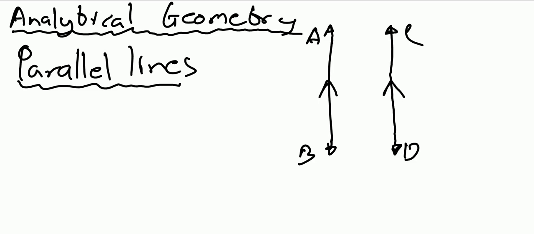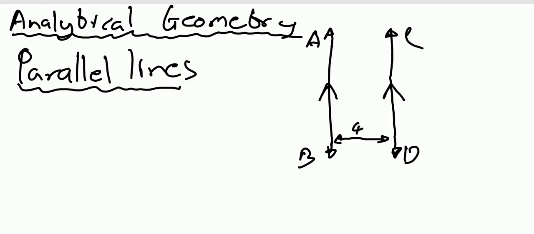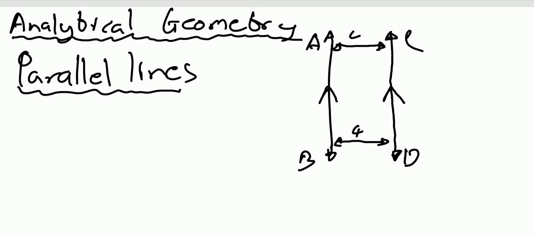AB is parallel to CD because they are equidistant to each other. This means that if the distance between these lines from here is 4, then even here the distance is 4, all the way going up to infinity.